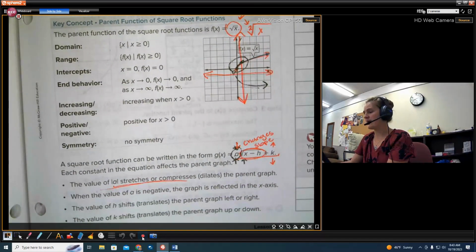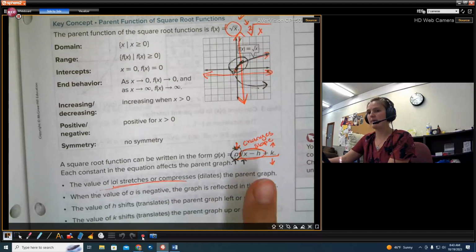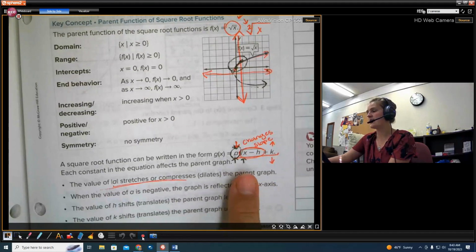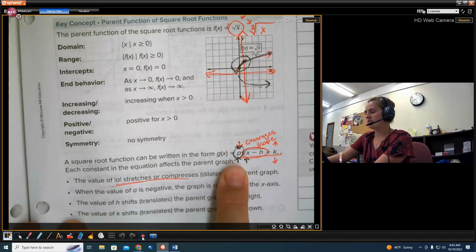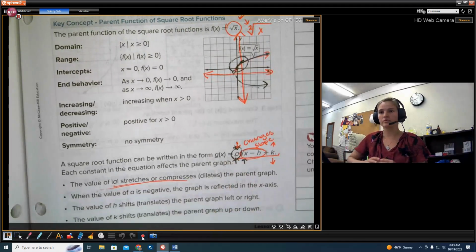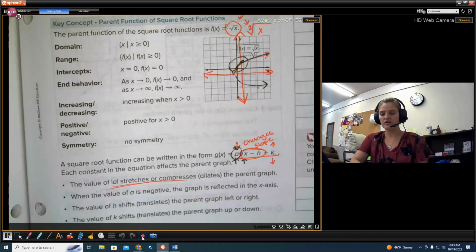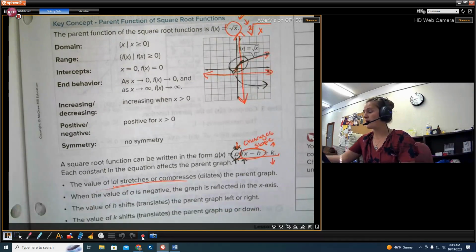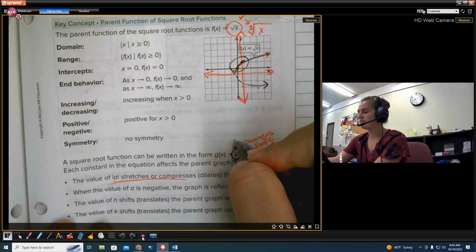So this part at the bottom of the page on 323 is just talking about how you can transform a square root function just like any other function. So this a value changes the slope. So any multiplication is going to stretch or compress it. And if the a value is greater than 1, it's going to vertically stretch.